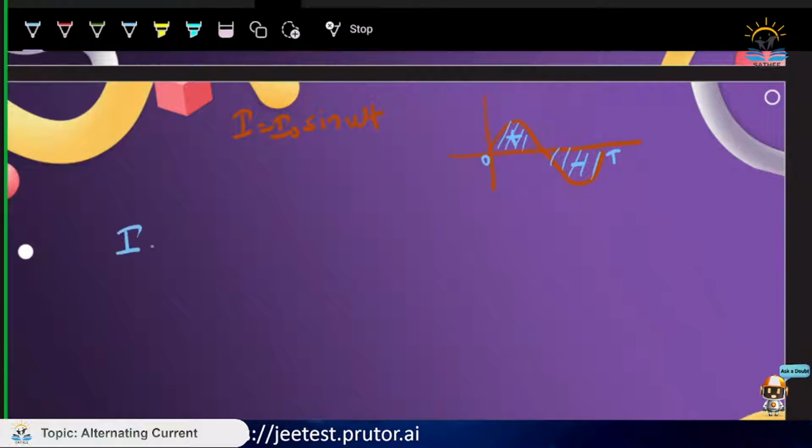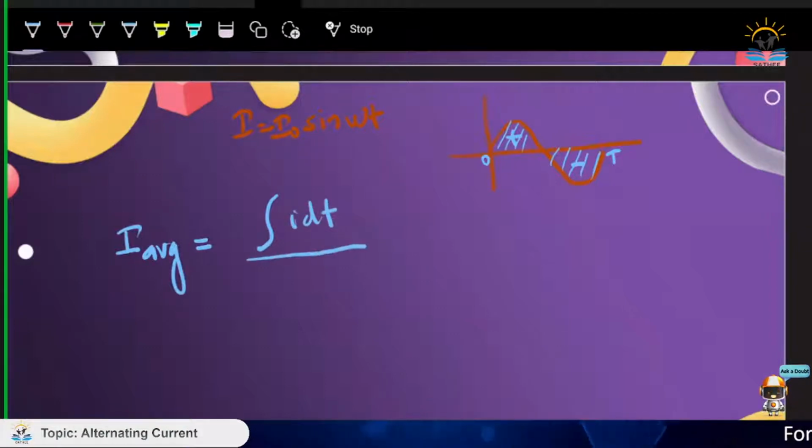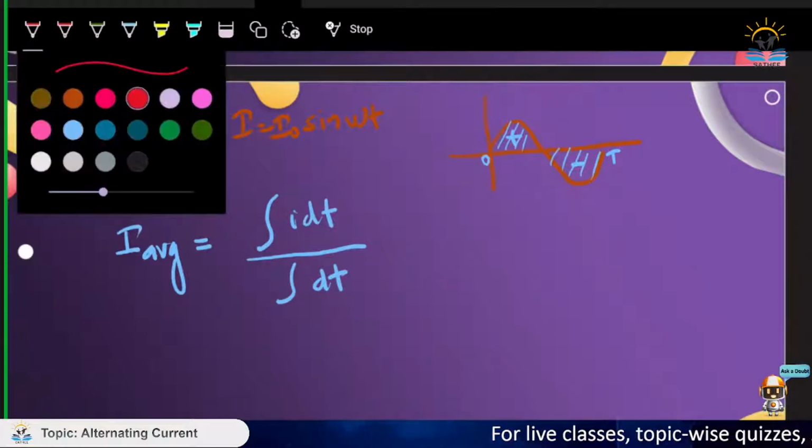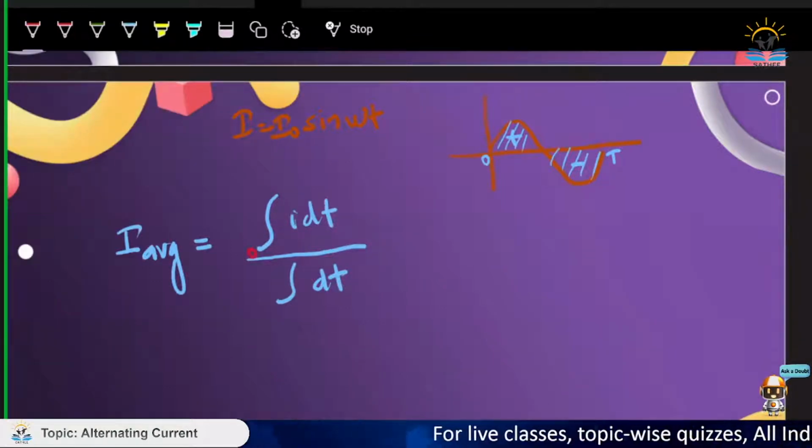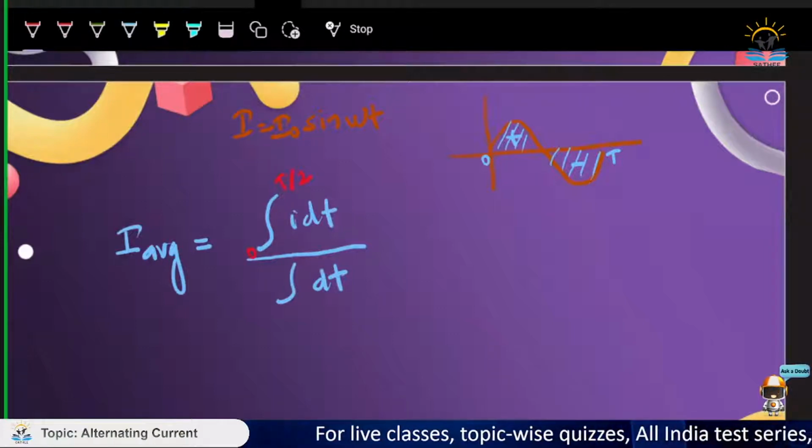So let me take the average current. I average equals integral I dt by integral dt, the way we find averages, like integral y dx by integral dx. From the limits 0 to t by 2, because up to t it will be 0.